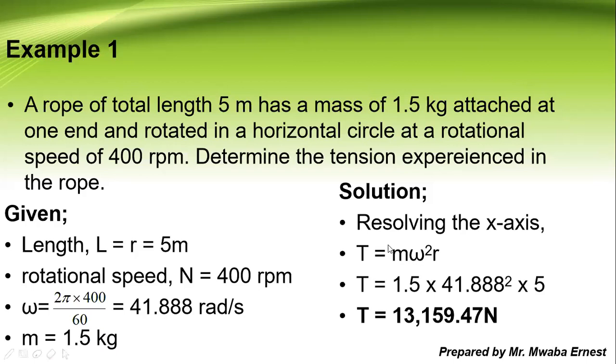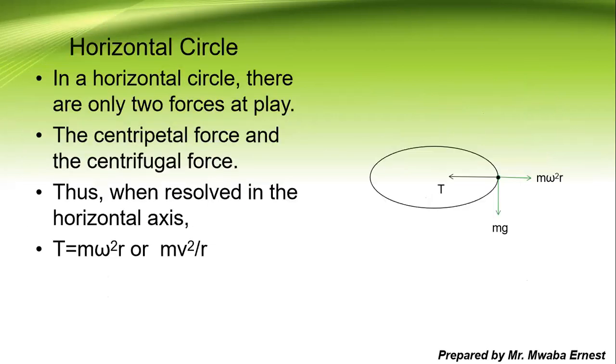In the solution, we'll just resolve in the x-axis. When we're resolving the x-axis, like you might have seen when we're dealing with a horizontal circle, we have T equals that. That's all, because there's just two forces there, this one and that one.